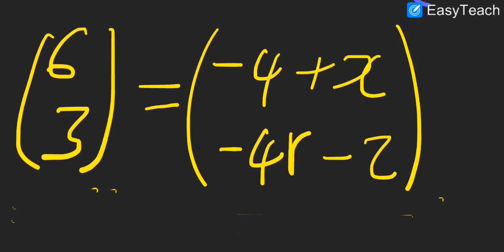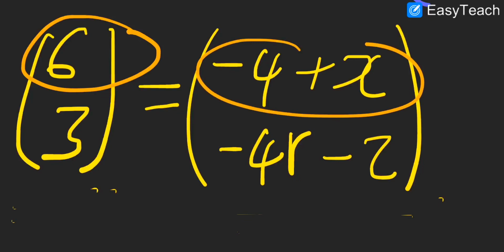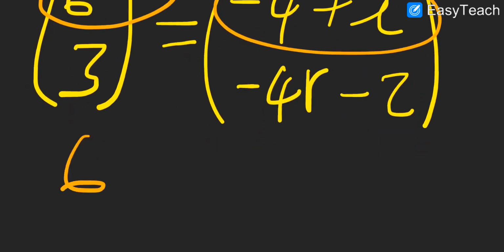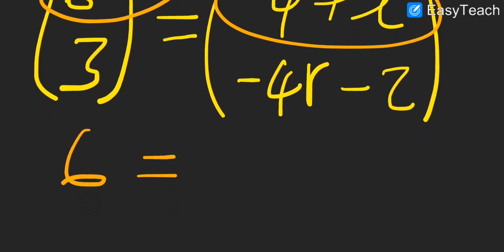That means this 6 must equal negative 4 plus x, and from there we solve for x.